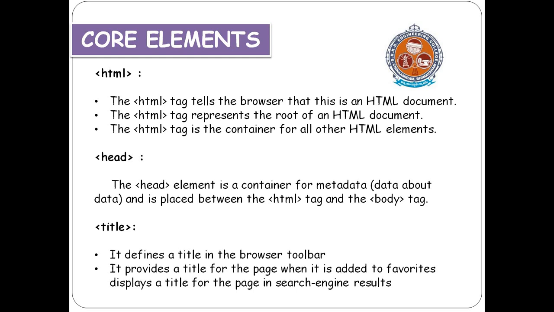Once you create the HTML page, we define our HTML tag at the top of the page, and that is considered the root of the HTML document. The HTML tag is a container for all other HTML elements, because an HTML page is built from a combination of all these elements.